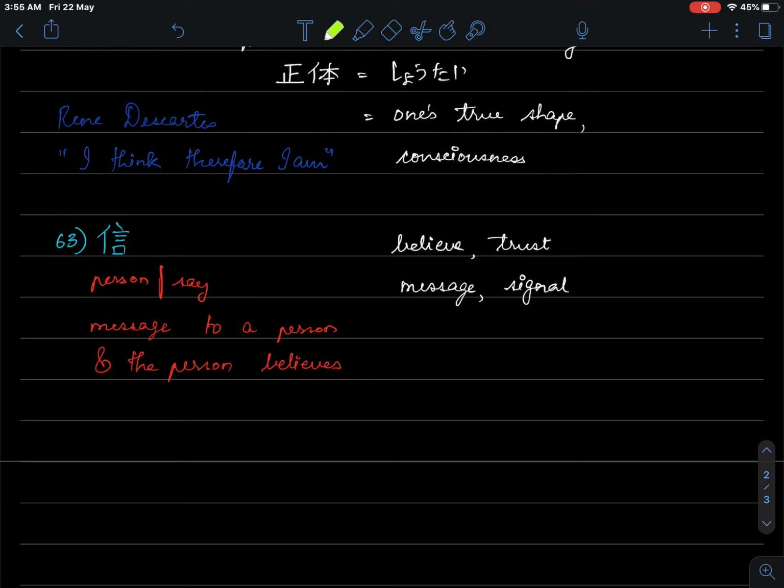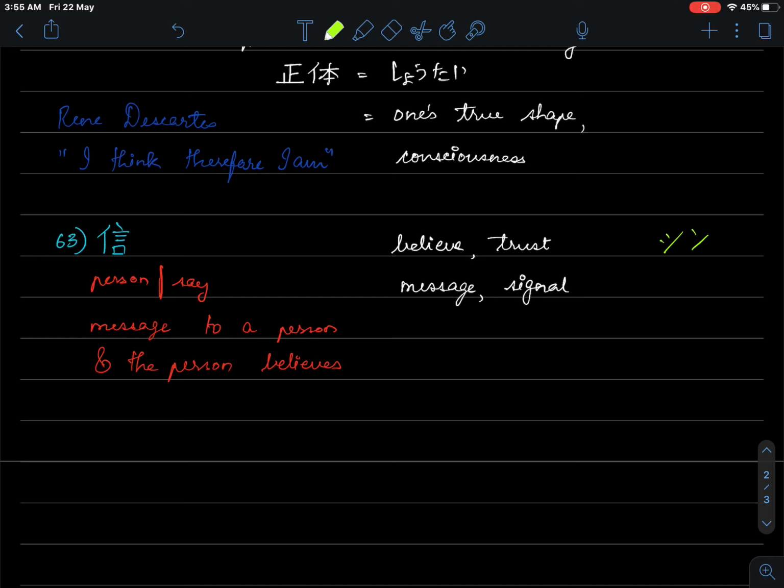Okay, so now let's quickly have a look at the on and kunyomi. So again, this is one of those kanjis which does not have a kunyomi, it only has an onyomi, and the onyomi is again shin. This is like the third or fourth shin that we have come across. So again, to stress, because we're still under the 100 kanji mark, maybe after the 100 kanji mark I will stop mentioning these little points.